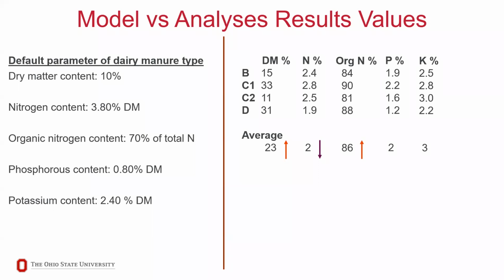Organic nitrogen content, we are higher. The model estimated 70%. We are actually around 86%, some types going up to 90% of organic nitrogen. Phosphorus content, the model now is lower than our real values, and for potassium, closer, a little bit lower as well in the model results.